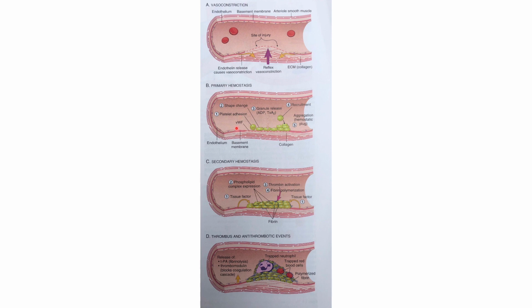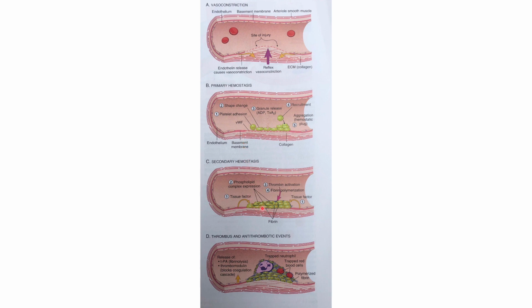There's a shape change, platelet adhesion, shape change, granule release. There is recruitment, and then the aggregation causes a thrombotic plug to occur with adhesion to the endothelium, von Willebrand factor being the mediator here, basement membrane exposed.